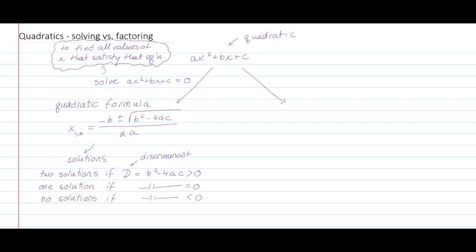Now the other thing you might be asked to do is to factor an expression of the form ax squared plus bx plus c. So notice here that I don't have an equal sign. It's not an equation, it's just an expression. So what does that mean?